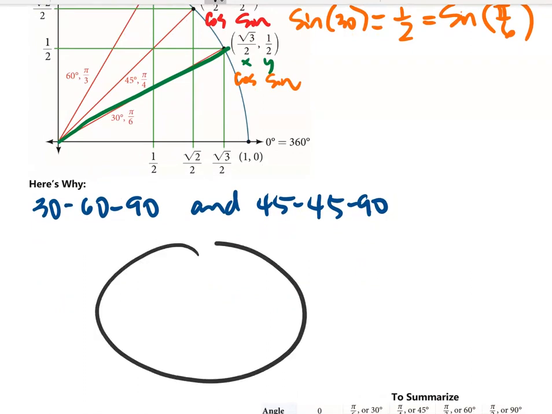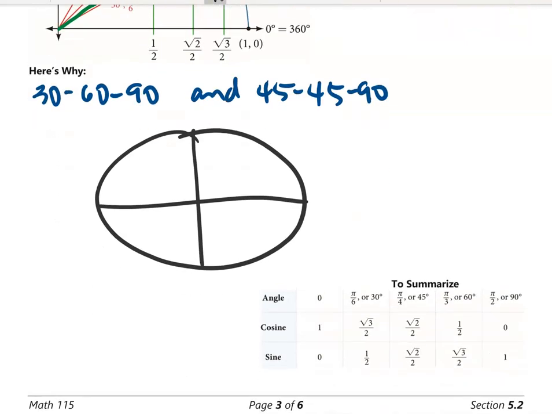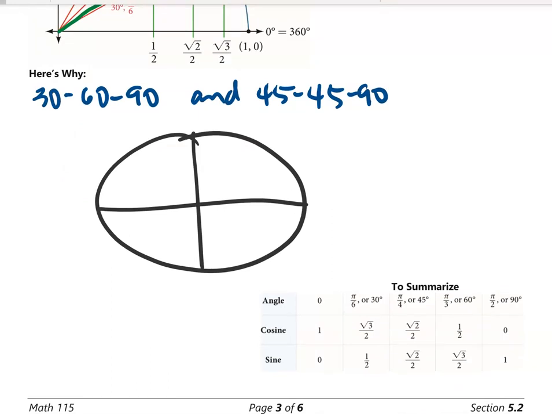So always remember, if you have the unit circle, this is 30 degrees, and we have square root of 3 over 2 and 1/2. This is a 45 degree angle.